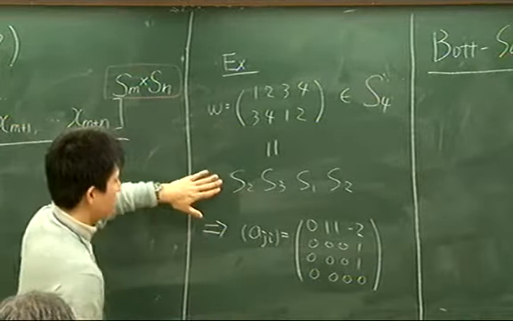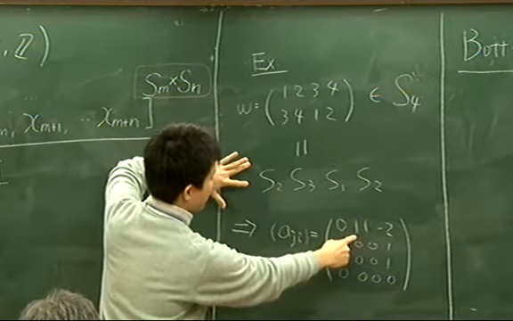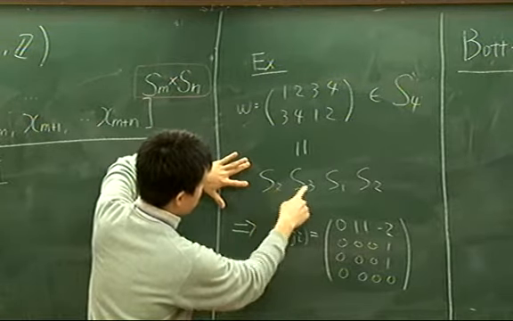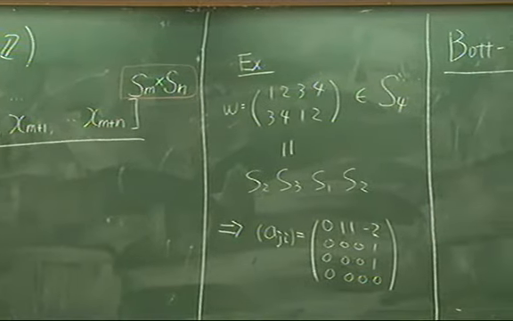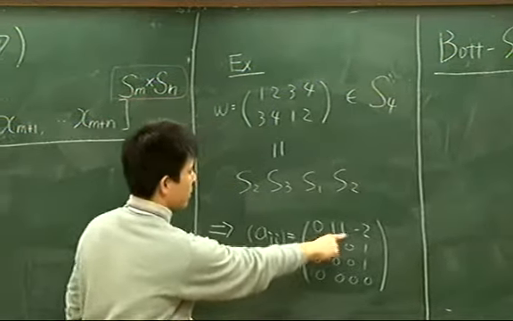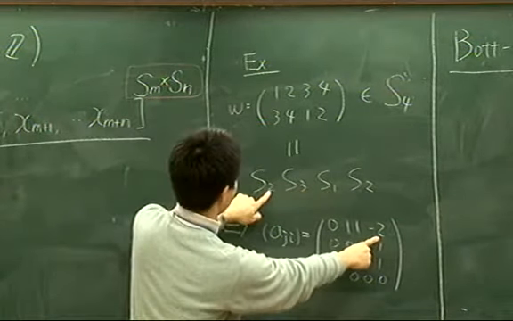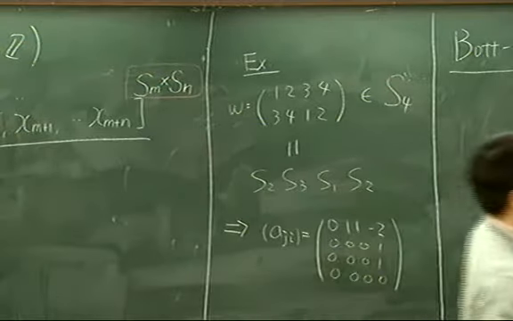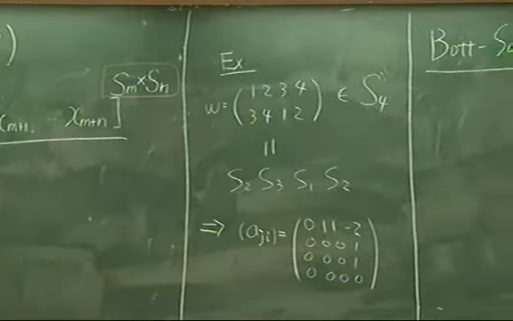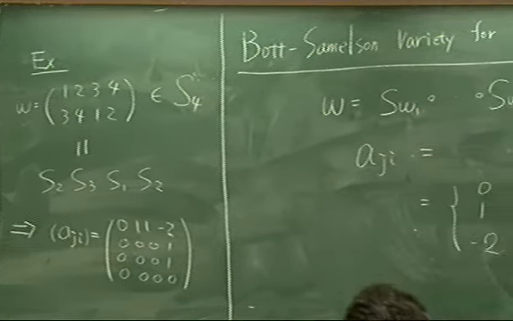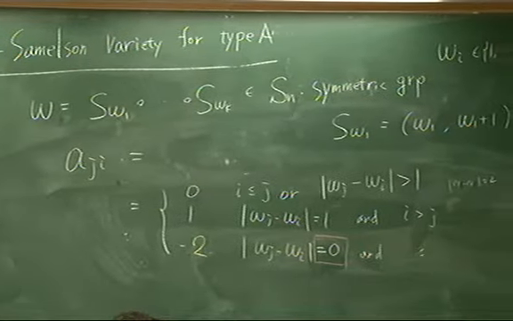For example, this number was given by comparing 2 and 3, and 2 and 3 have distance 1. Then we put 1 here. For example, here 1 and 4 have distance 0, so we put minus 2 here. Anyway, an element of the symmetric group determines some Bott tower.